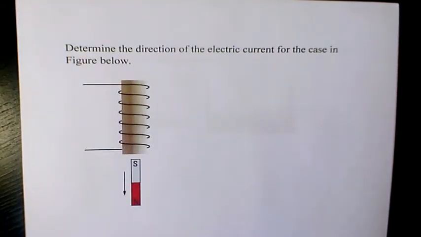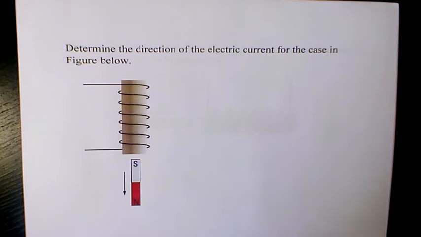Next example, it says determine the direction of the electric current for the case in figure B. This figure is related to Lenz's law. Lenz's law says that for a current induced in a coil by a changing magnetic field, the electric current is in such a direction that its own magnetic field opposes the change that produced it.